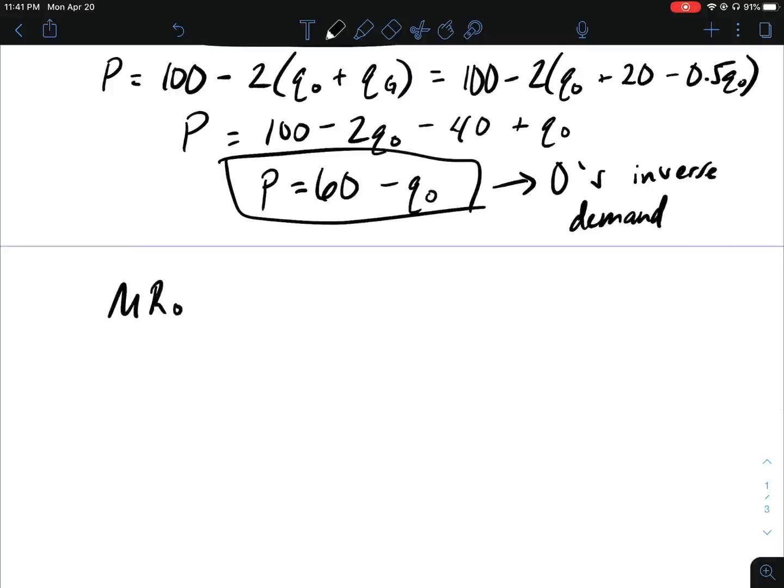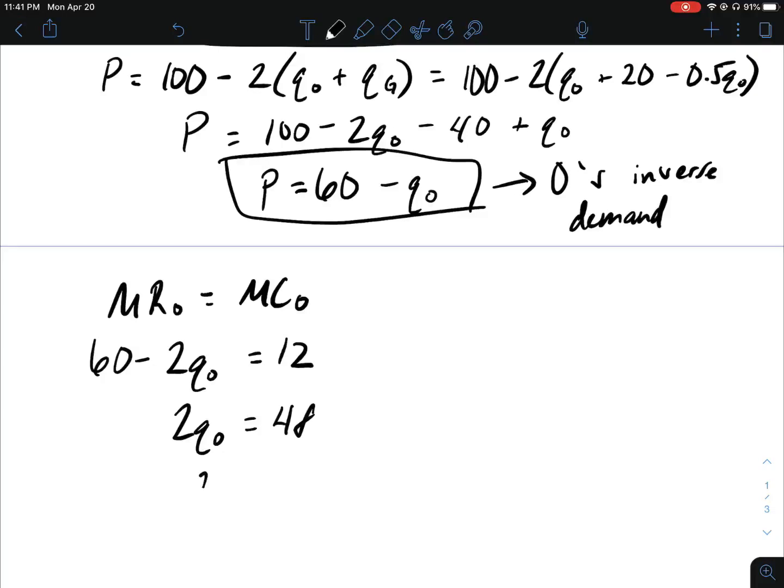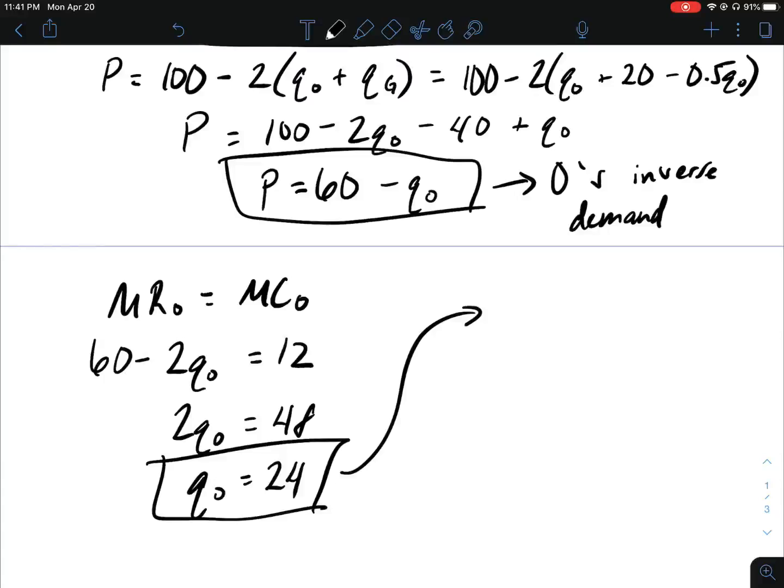From that inverse demand curve, we can get Oil Pro's marginal revenue curve and set that equal to their marginal cost. So we have 60 minus 2 QO for the marginal revenue equals 12. So 2 QO equals 48, and QO equals 24. So that's the Stackelberg production for Oil Pro.